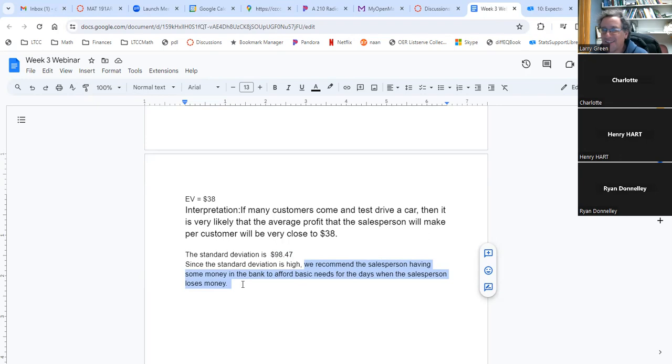Do you see how that works? So because you have a high standard deviation, that means you're going to have good days and bad days. So make sure that you have backup money in the bank so that you can afford your basic needs when you lose money or don't make money. Does that make sense? Any questions on the idea of the standard deviation?